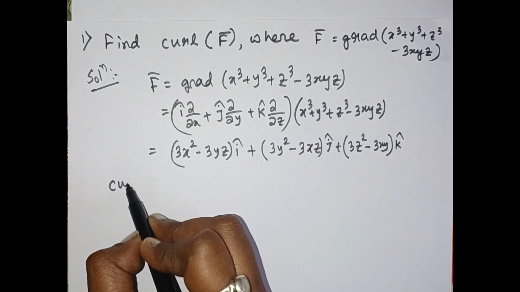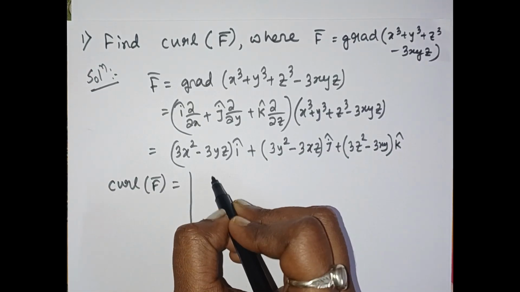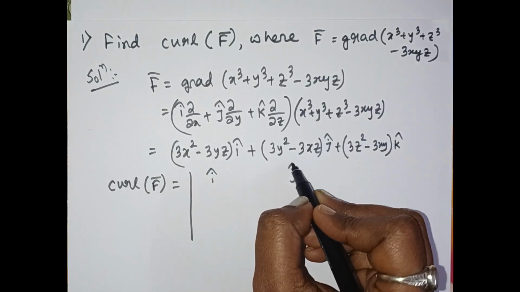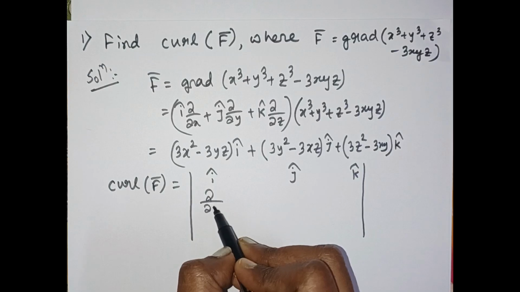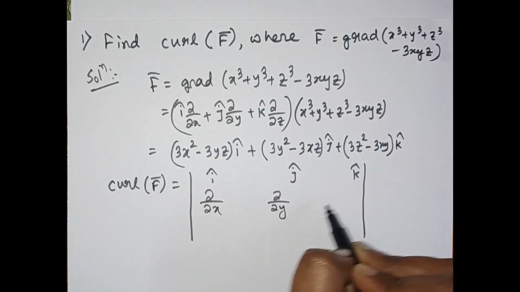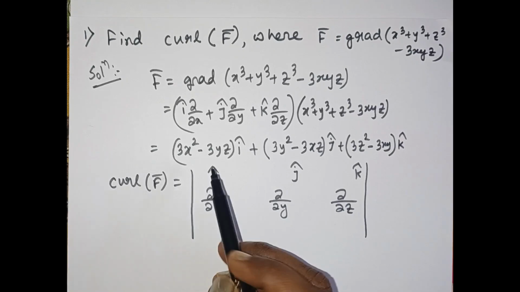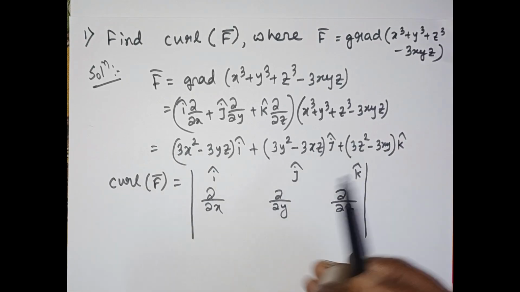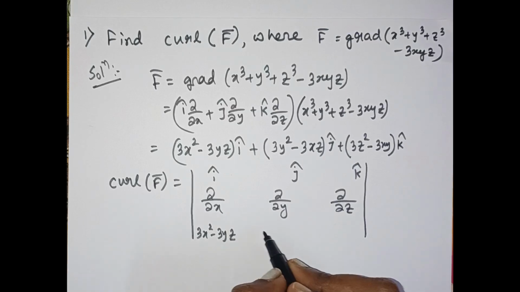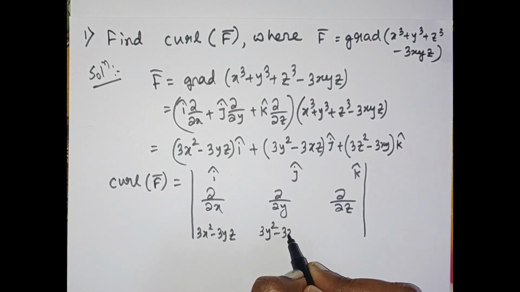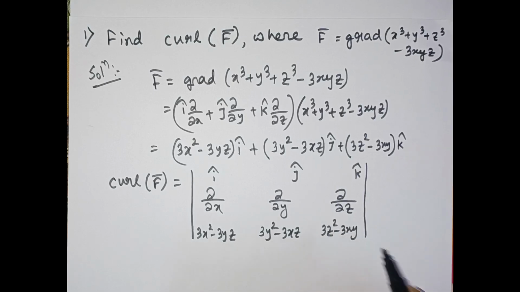So we know that curl of F means we have to calculate the determinant of i, j, k with del del x, del del y, del del z, and then these functions: 3x square minus 3yz, 3y square minus 3xz, 3z square minus 3xy.